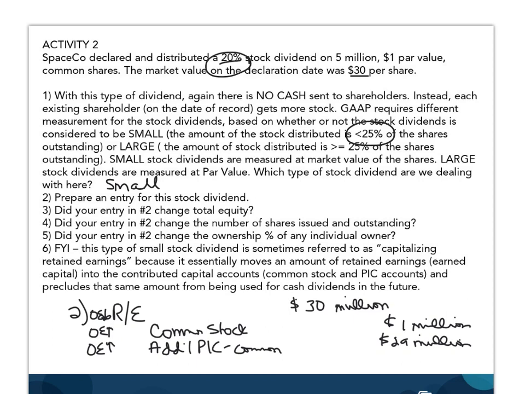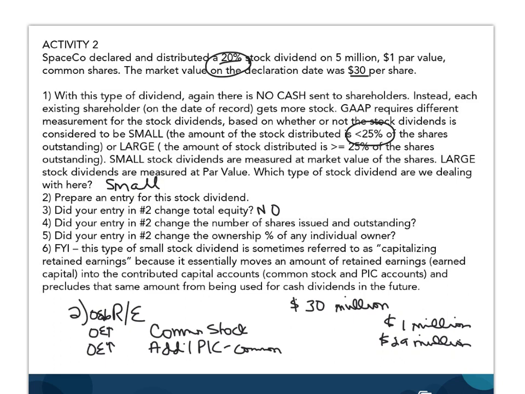All right, so the third question says, did your entry in number 2 change total equity? Well, looking at this entry right here, you can see from my arrows up and down that equity did not change. No. We didn't change anything in total equity. We just rearranged equity, didn't we? We just moved things from one equity account to another.